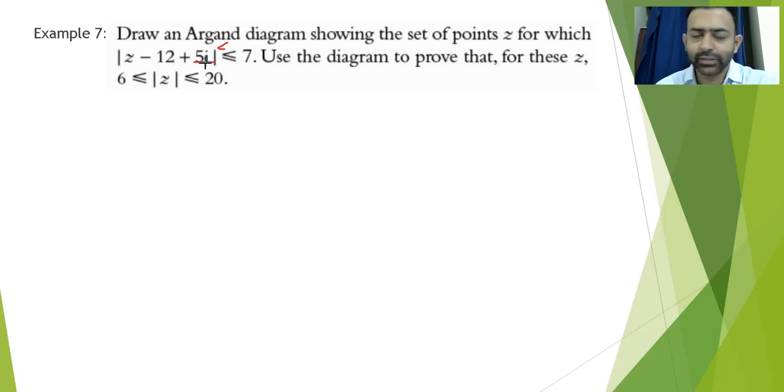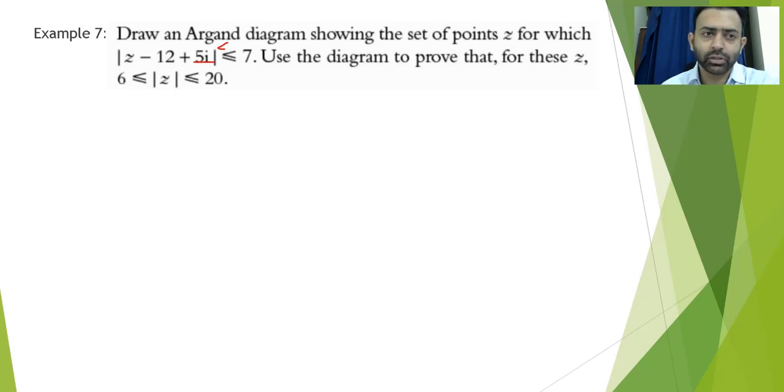This we have already discussed just now. And the second part says: use the diagram to prove that for all these z points, the maximum value of mod z, the distance from the origin, is 20 and the least value is 6. This we have to show in the diagram only, right?